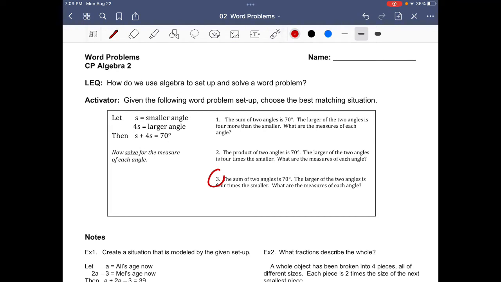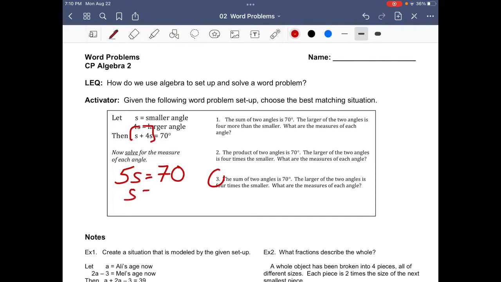Now, if you're going to solve for each of the angles, that should be pretty easy to do. We're just going to take this equation. Now, we would say that s plus 4s are like terms, and they add together to be 5s. And when you divide both sides by 5, a little basic algebra there, you're going to end up with your s.